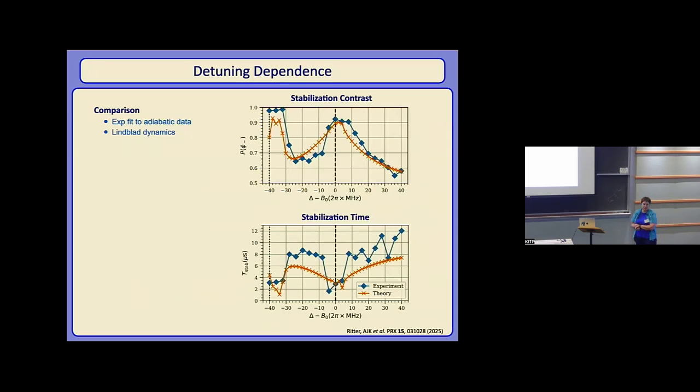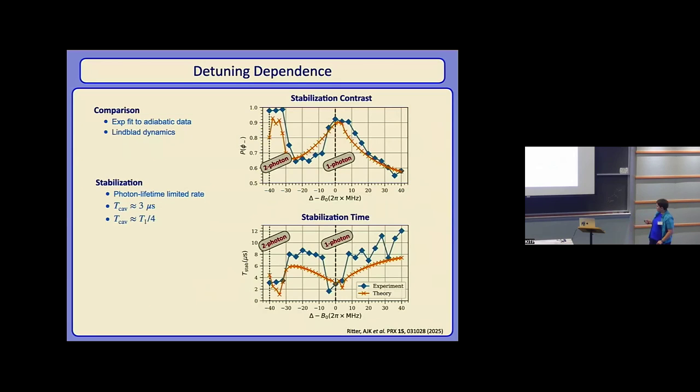In this data set versus detuning from Zeeman resonance, you see 2 features. The first one is this 1 photon resonance that I've been talking about so far. The contrast, as I said, goes to about 90%, and the fastest approach time constant is basically set by the lifetime of the cavity at around 3 microseconds.